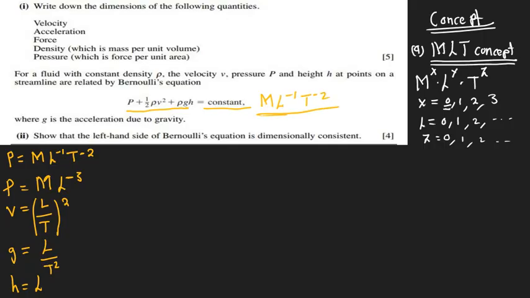So we must have this on our left hand side. If we don't have this, this is not going to be dimensionally consistent. Okay, so when we solve this, we must have these particular units, because these units are the ones which are on the right hand side. Okay, they hold this particular constant. Please understand that particular concept.